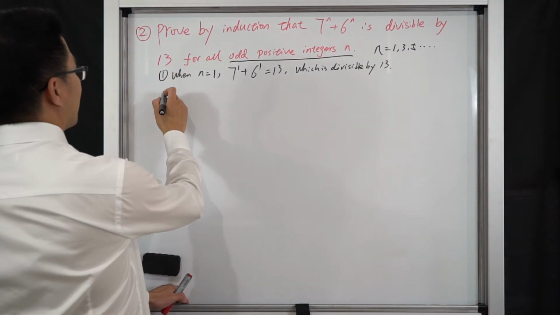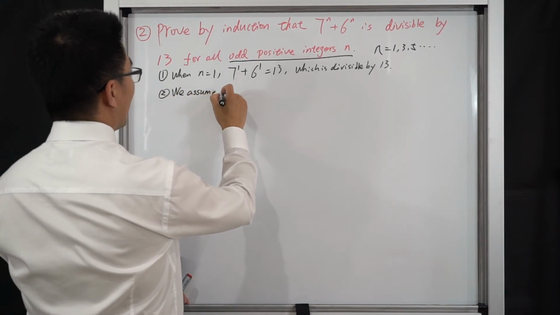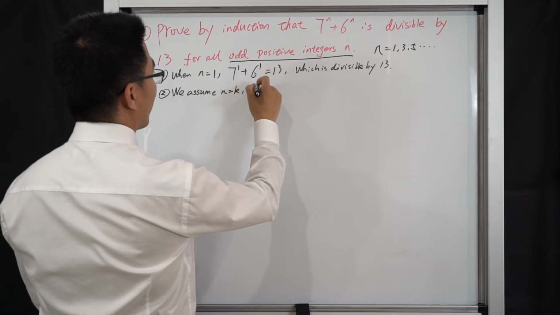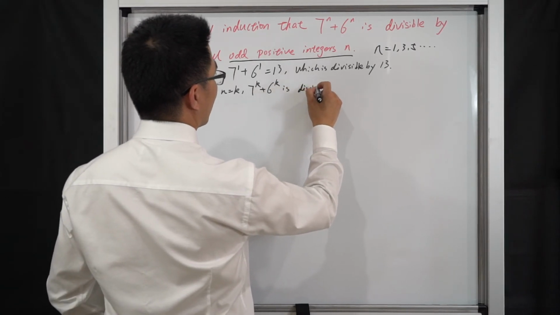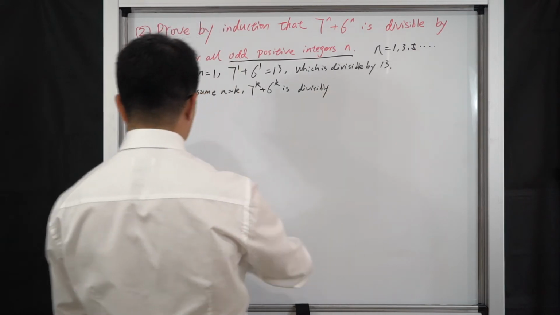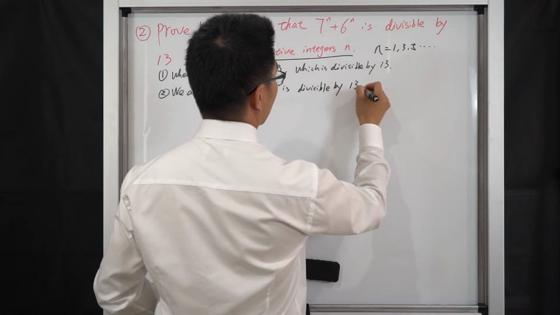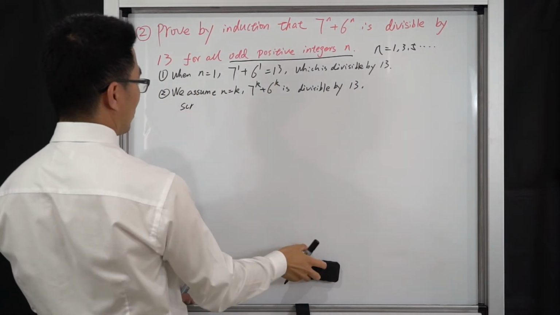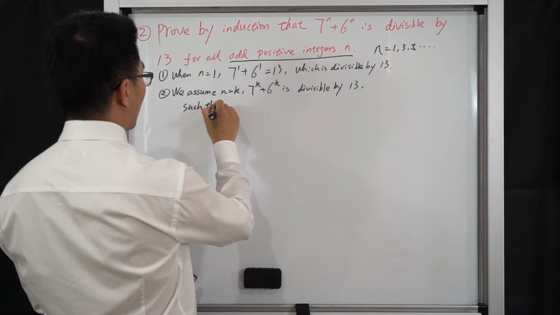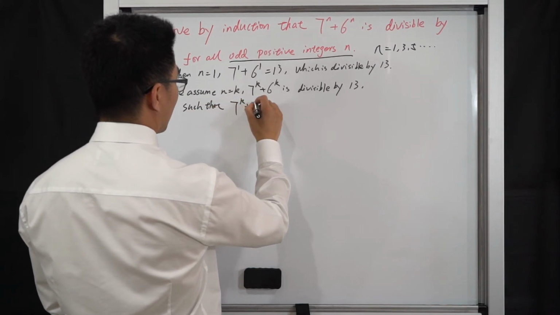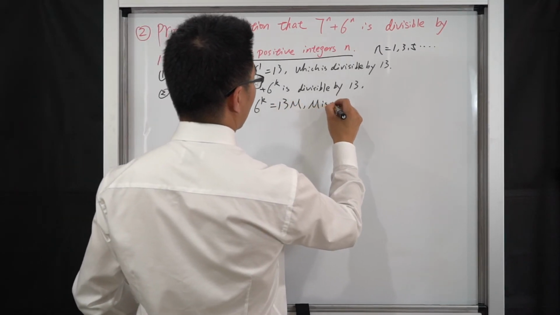Okay, second step, we assume n equal to k, 7 to the power of k plus 6 to the power of k is divisible by 13 as well, such that we have 7 to the power of k plus 6 to the power of k equal to 13m, where m is an integer.